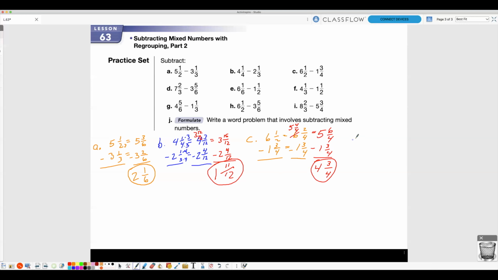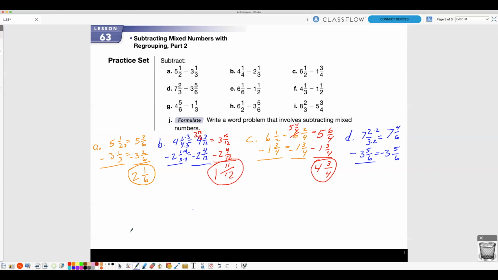Letter D. Let me just put letter D right here for now. 7 2/3 minus 3 5/6. So in this case, I can keep the 3 5/6. 7 2/3 can be converted into 7 with the denominator of 6 as well by multiplying this times 2 and this times 2, we'd end up with 4/6.